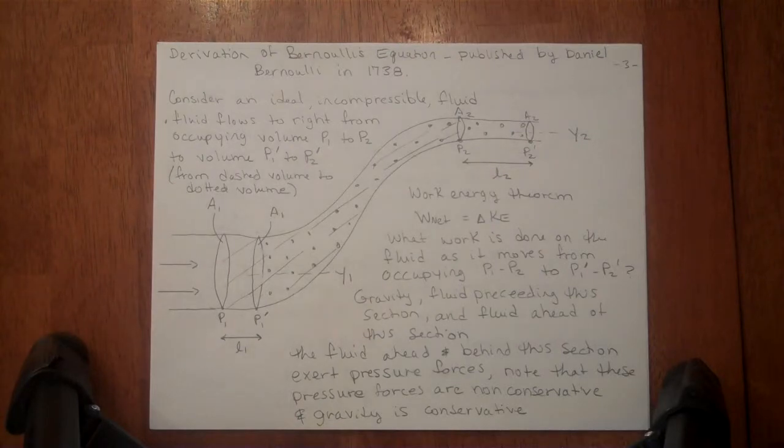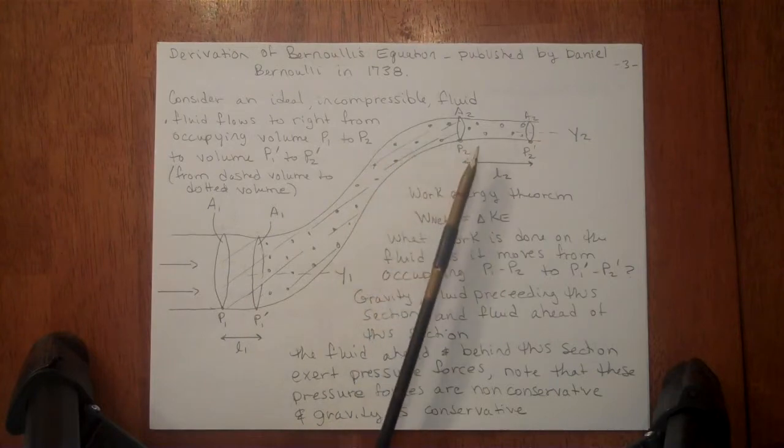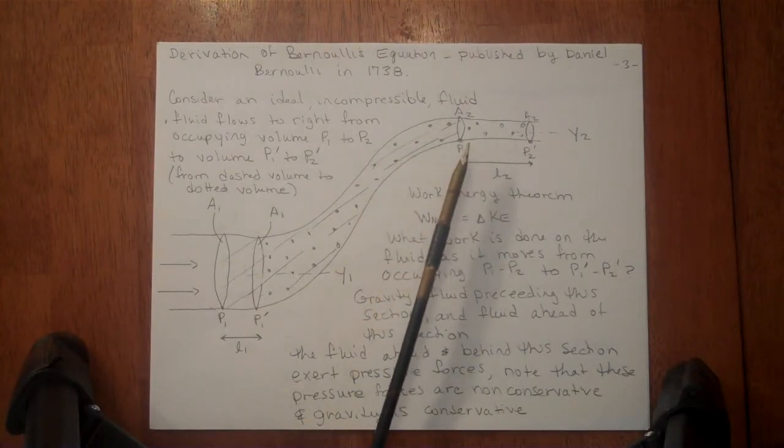Derivation of the second equation is a little bit more complex. It's Bernoulli's equation, published by Daniel Bernoulli in 1738. Here again we consider an ideal incompressible fluid. The fluid is again flowing in from the left to the right, and you can see it's not only changing diameter as it flows, but it's also changing height as well.